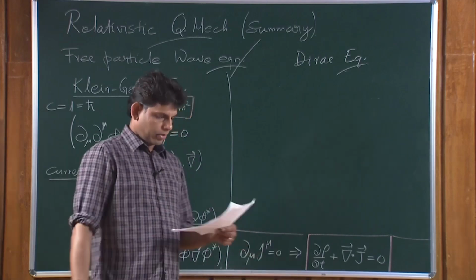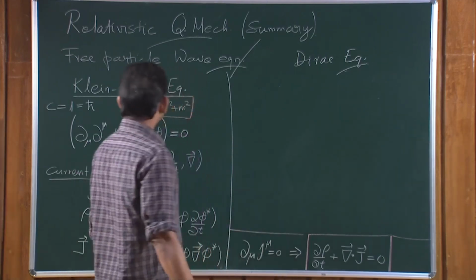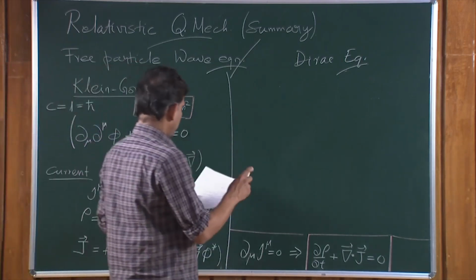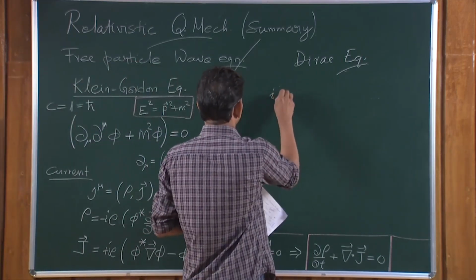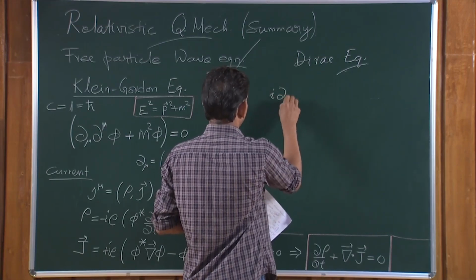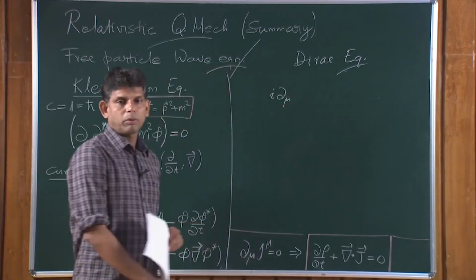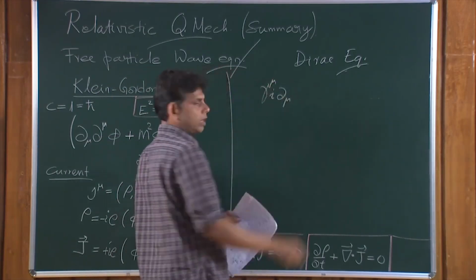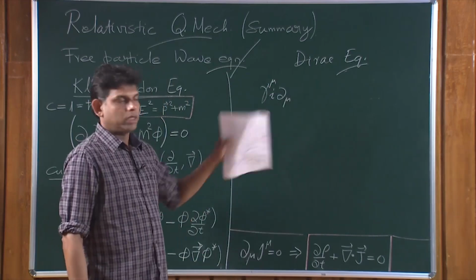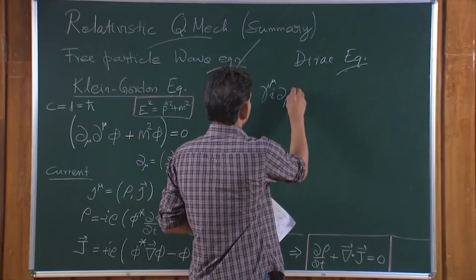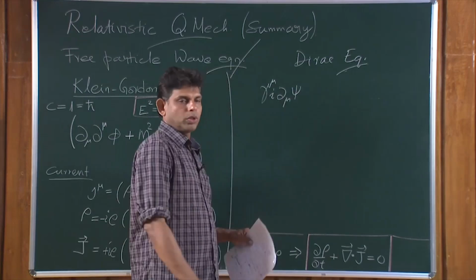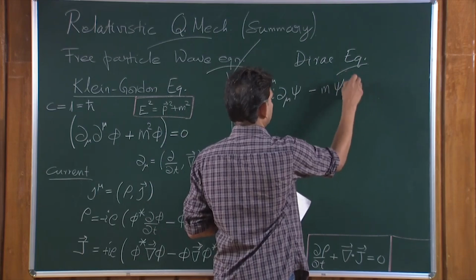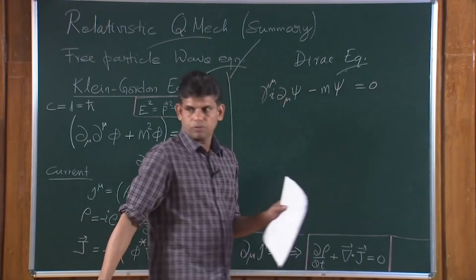In the Dirac equation, we had considered a linearized form of this, which essentially gives us i dou mu, which is the momentum operator in a sense, gamma mu, a new thing that we have introduced here, which now acts on psi together, minus mass, and psi is equal to 0.